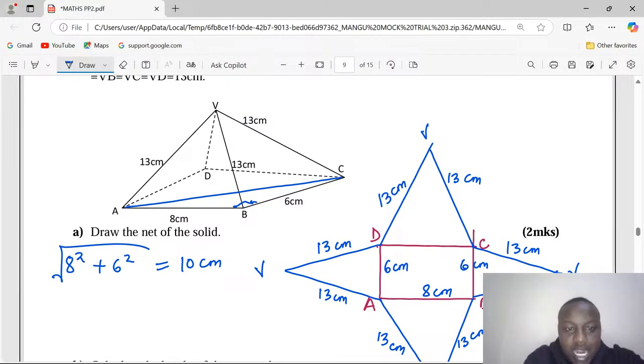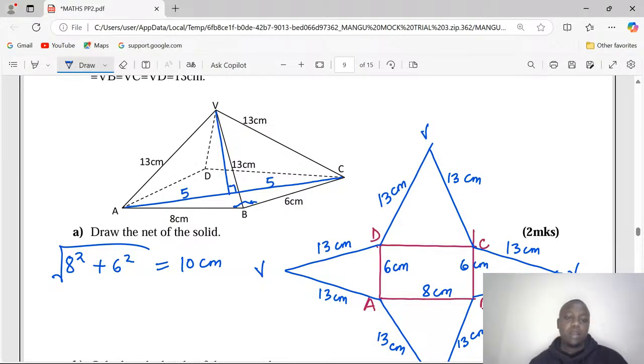But again, we can drop a perpendicular height from the top to the base. Now that is the height we want to calculate. Bringing the height to the base, it's dividing AC. Therefore, this becomes 5 and this becomes 5.